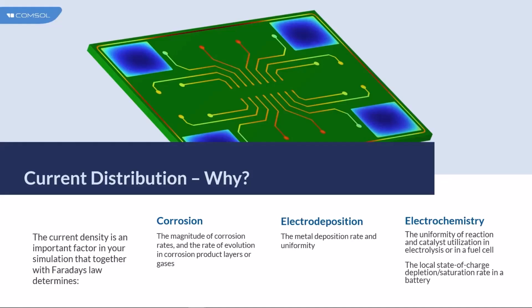And in general, in electrochemistry, it shows you the uniformity of reaction and catalyst utilization in electrolysis or in a fuel cell, or the local state of charge depletion and saturation rate in a battery.